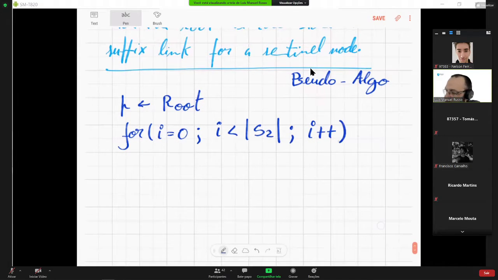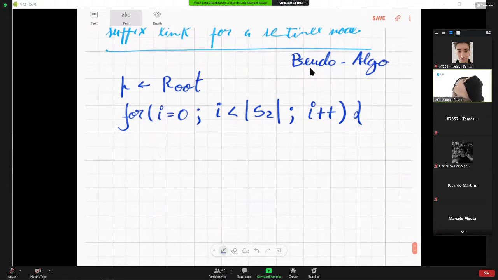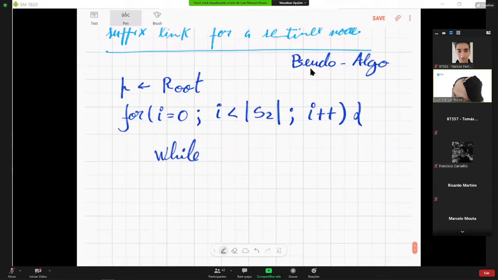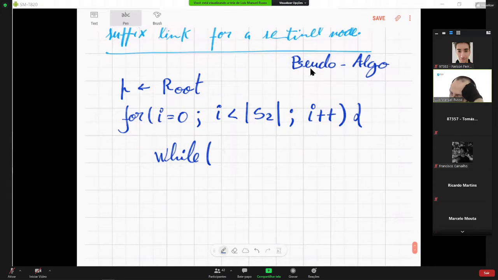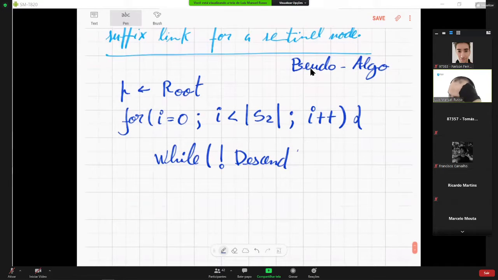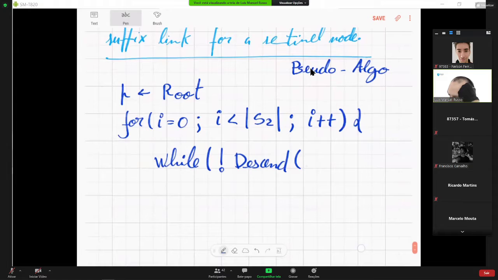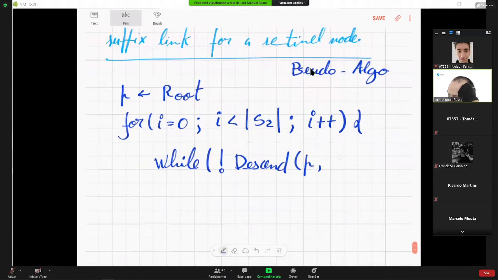So this is okay. Now, what do I need to check? Again, we're going to have this sort of amortized cycle. We need to check, while it's not possible to descend from P with letter S2[i].